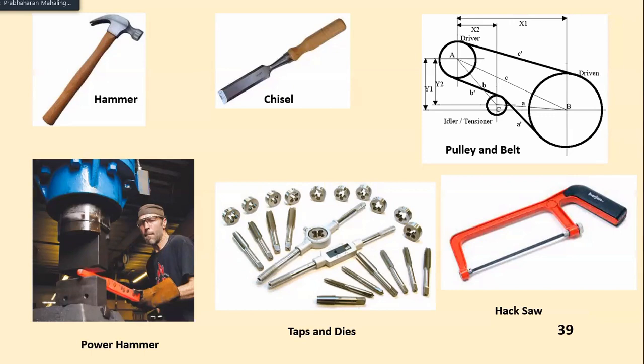So you can see simply this round one, that is the die, that can be utilized for making external thread. Then here we have something. This is the tap. That is for internal thread.